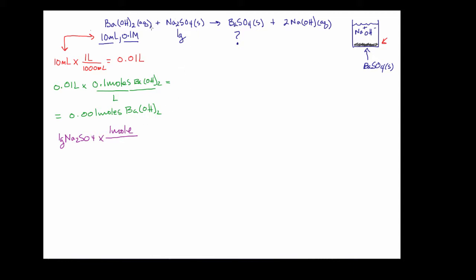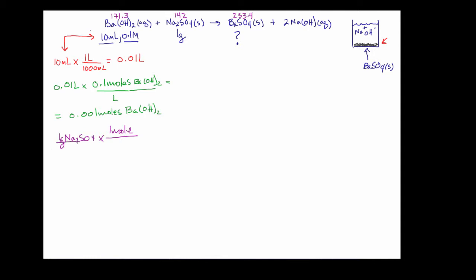For brevity's sake, I'm going to go ahead and write the molar masses of these various things above their compound formulas. So the molar mass for the sodium sulfate is 142, and we're going to need barium sulfate too. This one's 233.4.